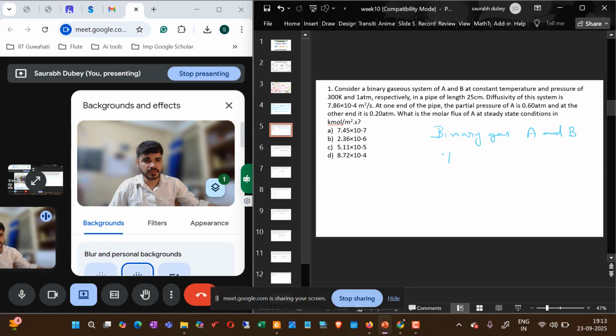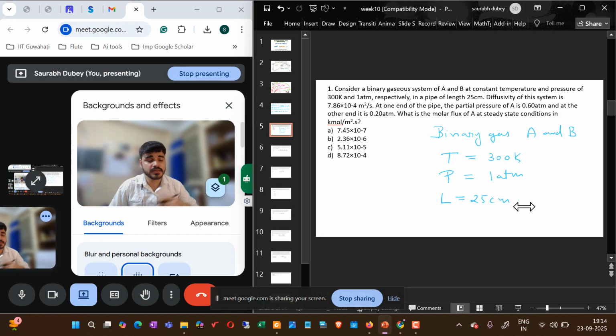So P is what? Temperature is 300 Kelvin, and pressure is 1 atmosphere, respectively, in a pipe of length 25 centimeter, right?